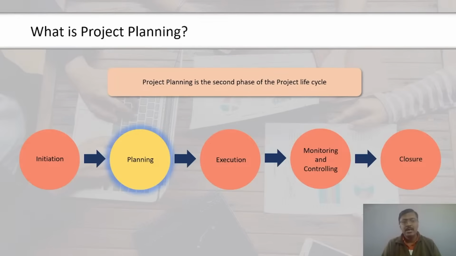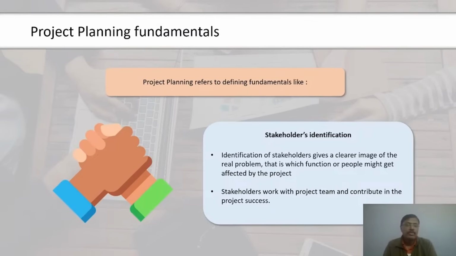For example, if I am doing an IT project and I consider the IT head as a stakeholder, obviously high in power, high in interest, because the project is related to IT. For this IT project, if I have an HR head, high in power but low in interest, if the project is not related to them.